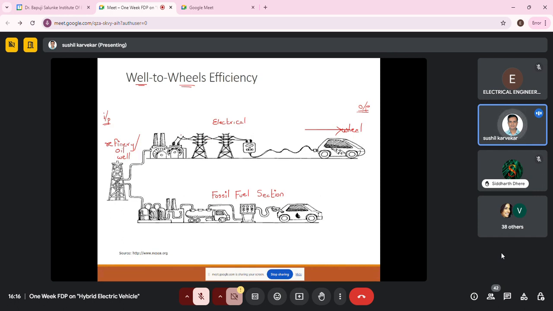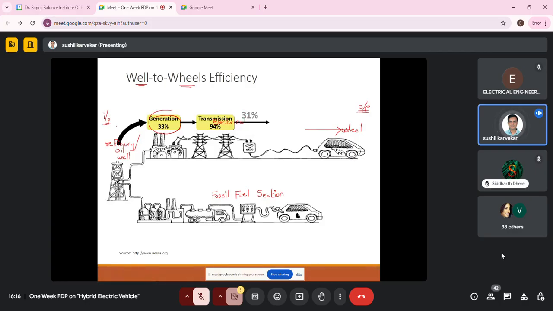So please let us try and understand. If you see the refinery or oil section, we can say that the generation efficiency is around 33%. Transmission efficiency is 94%. So effectively, we are getting 31% over here.